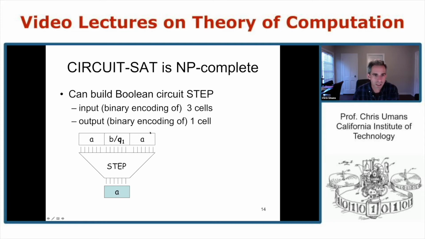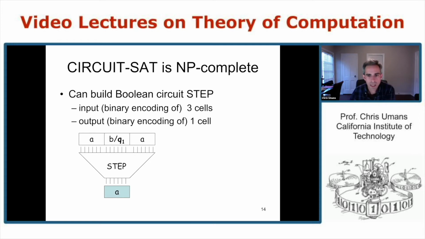So what I really mean is that you've decided upon a way of encoding in binary the contents of a cell in the tableau. It just has to have a character of the alphabet and possibly concatenated with it, a symbol which represents the state of the machine if the head is there. So it takes a few bits to describe that, and then it'll take a few bits to describe the cell here. So that's what the step function does. It takes those 3 cells and produces the cell below it.